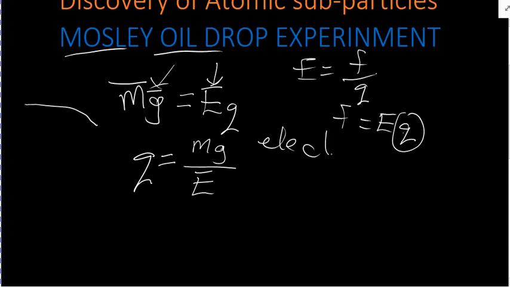Now it is going to be a simple answer. For an oil drop to be ionized in such a way that it's actually charged, the only thing that carries charge in any matter is the electron.